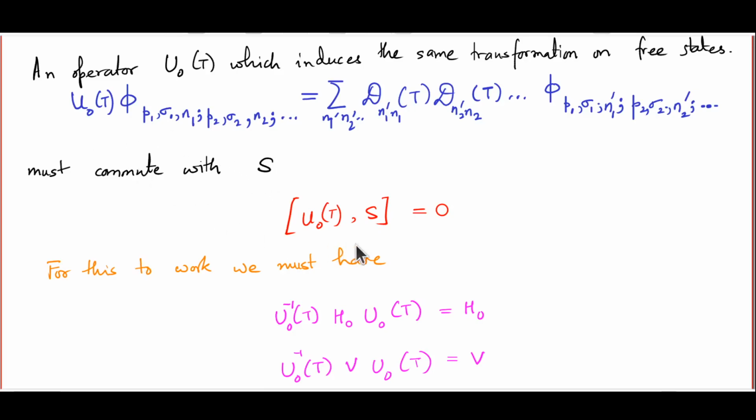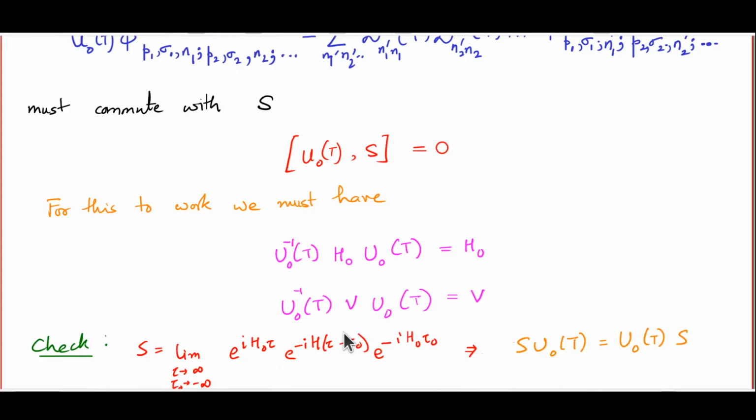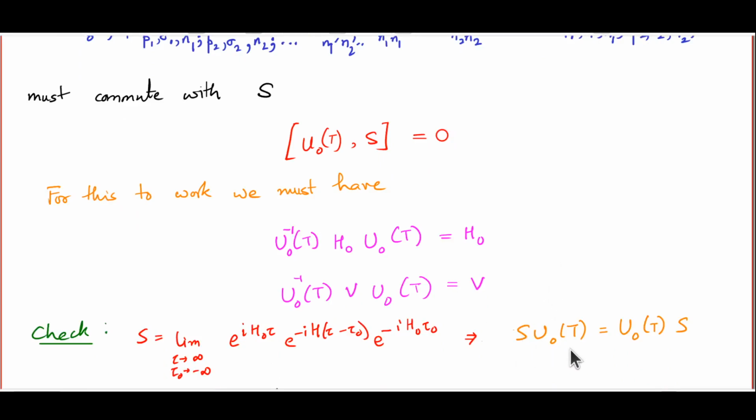This operator U0T's commutator with S must vanish, and for this to work, what we must have is U0T must commute with both H0 and the V, that is, with both the free particle Hamiltonian as well as the interaction term. Now, if this happens, of course, U0T is going to commute with both H0 and H, and it's easy to check that then it has to commute with S simply because S, remember, is a limit of this particular operator: e to the iH0 tau, e to the minus iH (tau minus tau 0), e to the minus iH0 tau 0.